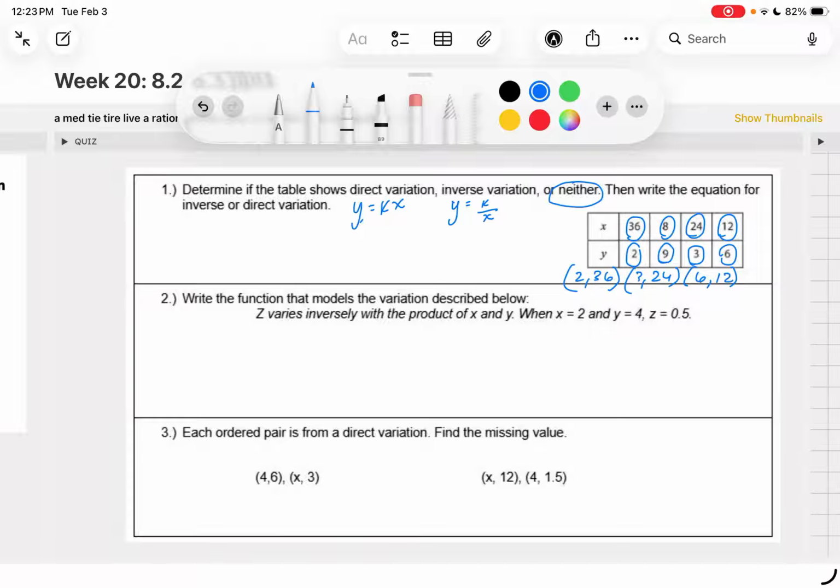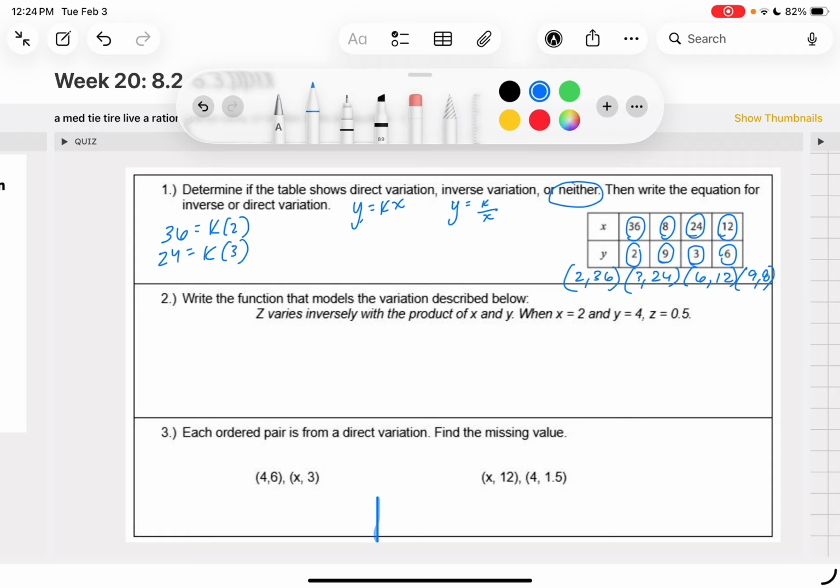Okay, so if I think of each of those pairs in one of these formulas, if I had 2 for x and 36 for y, I'd have 36 equals k times 2. And then for the next ordered pair, I'd have 24 equals k times 3.